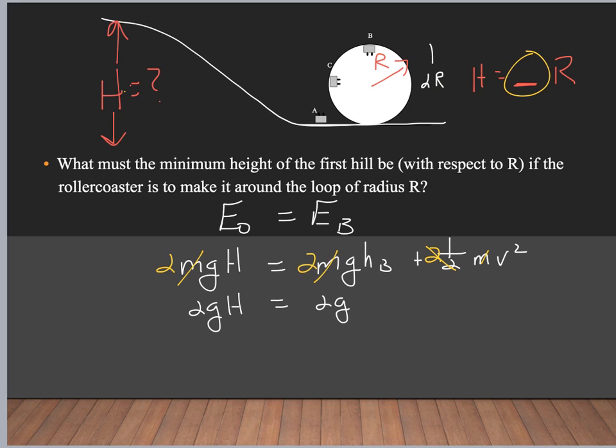So the height at point B would be 2 times the radius. So I'm going to substitute that in for hB, 2 times the radius, plus v squared. The next thing we have to make sure that we include is that that speed at the highest point is the minimum speed.